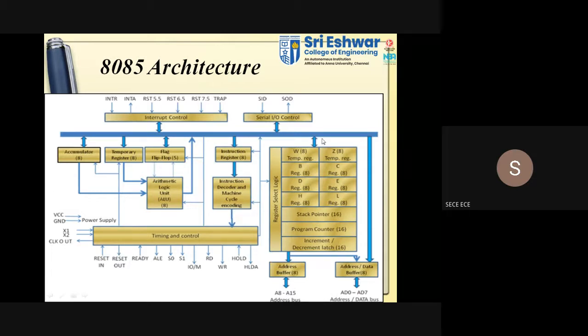Here we have registers, that is W, Z. Both are temporary registers, 8 bit each. If 8 is written in brackets, it means 8 bit. Totally W and Z put together have 16 bit. And B, C, D, E, H, L, all these registers carry 8 bit each.